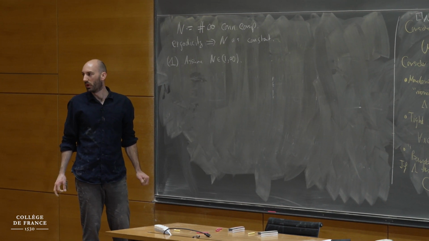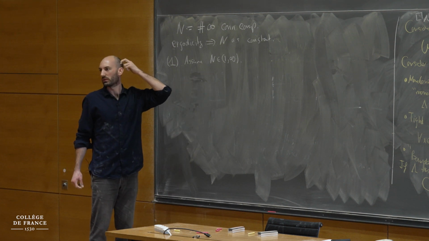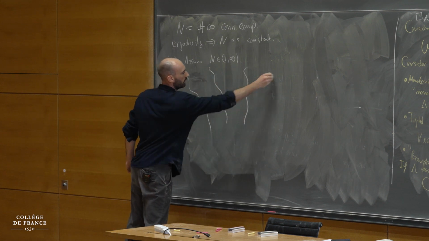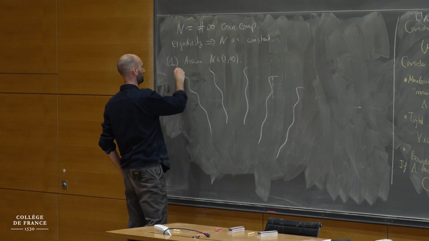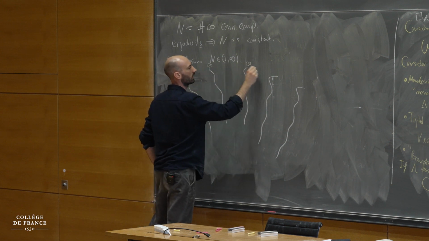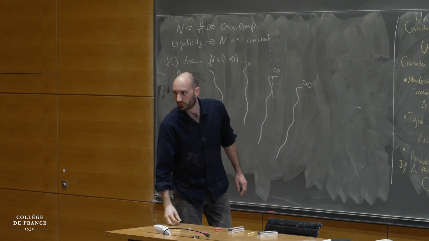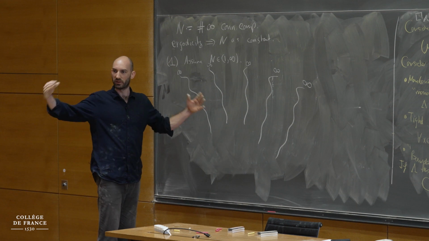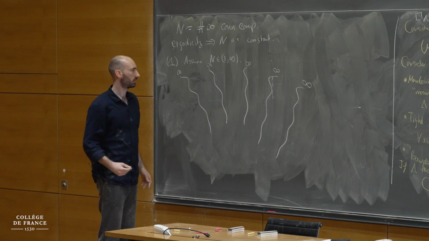Now suppose that N is 5. So there are 5 infinite connected components. Then the following event has a positive probability: I take a very large box lambda and all of my infinite clusters intersect the box.